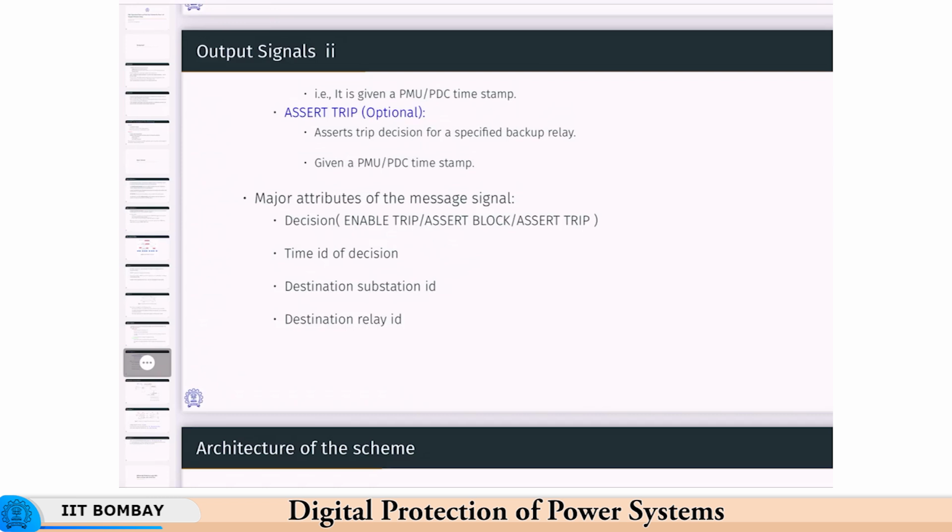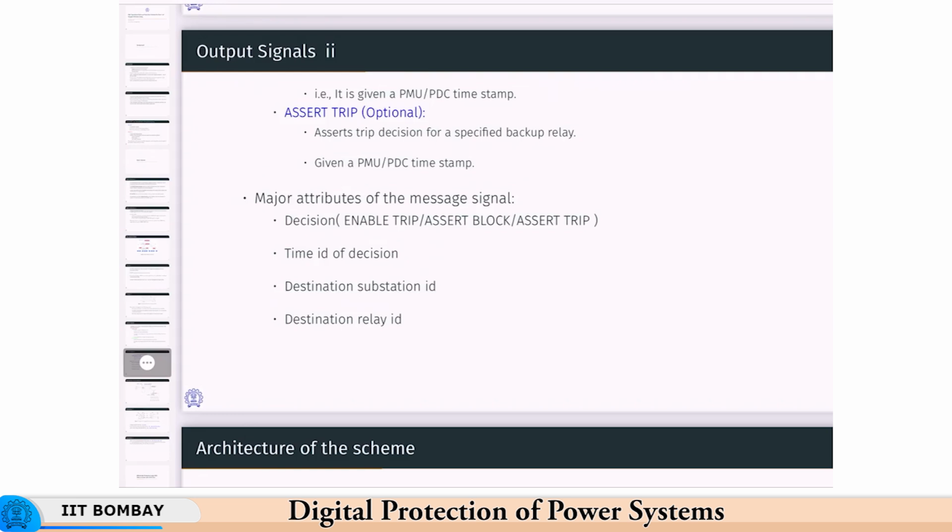So, what are the major attributes of the decision signal that is sent back to the substation host computer? First of all, the decision itself, whether it is enable trip or assert block or assert trip. Then the time of that decision, because the relay can wait only for a few cycles before it discards that decision, so the time is compared to the current time.